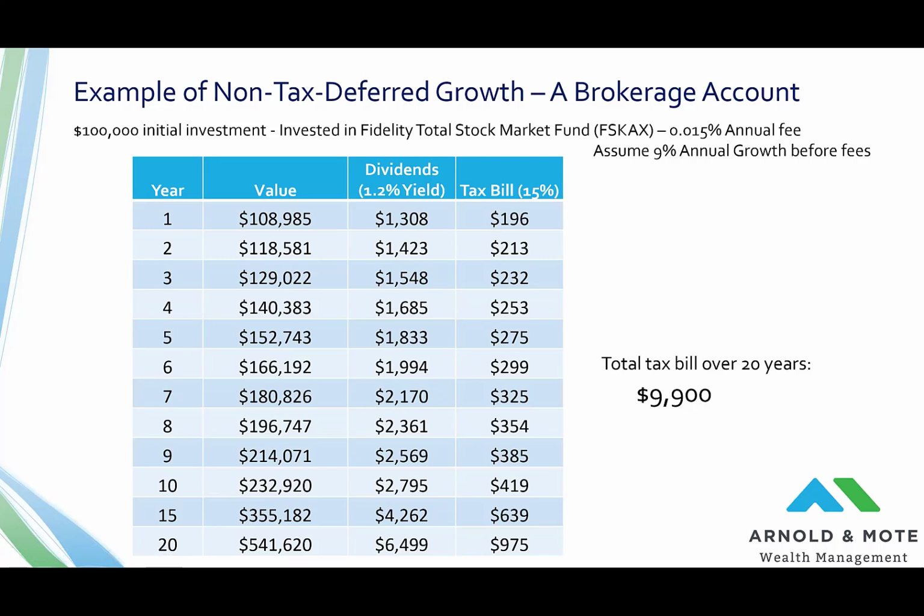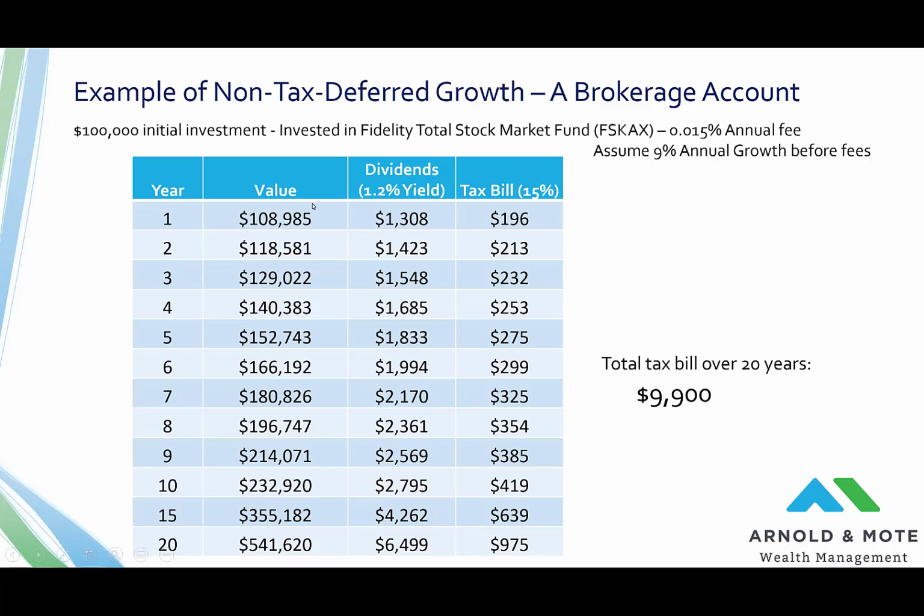And so let's just assume here that this fund gets 9% annual growth. You put $100,000 into it today. What happens? You get that 9% growth minus the fee, of course, and a portion of that growth is coming from dividends. Today, as I'm recording this, the fund has a 1.2% dividend yield.